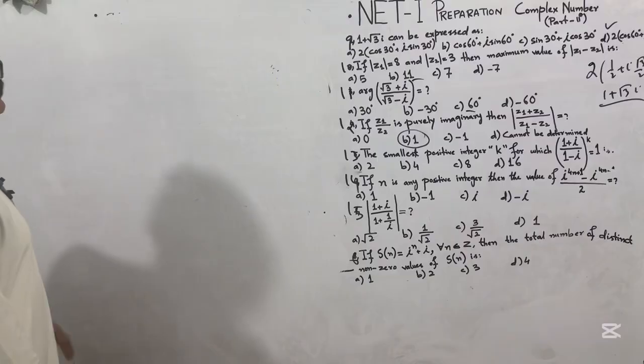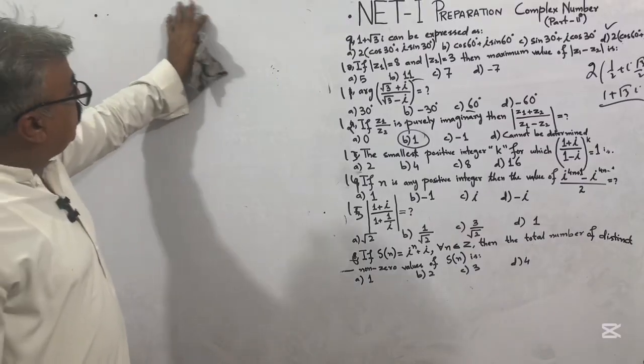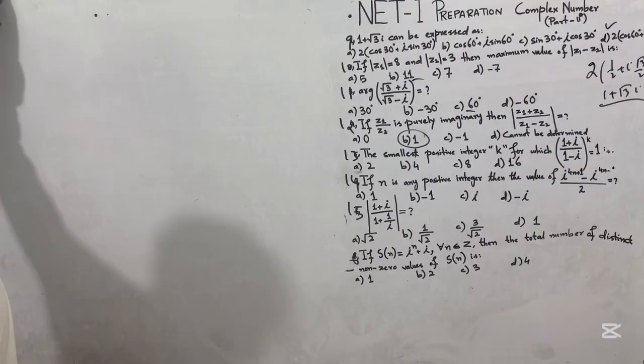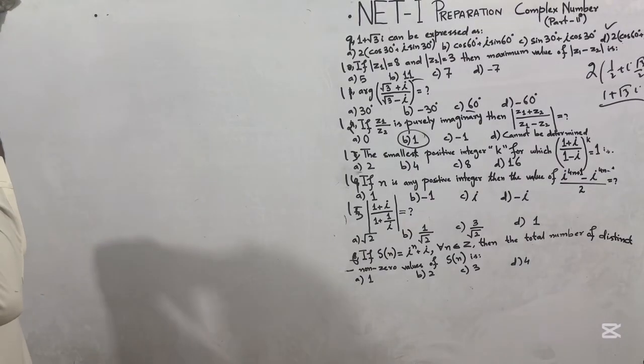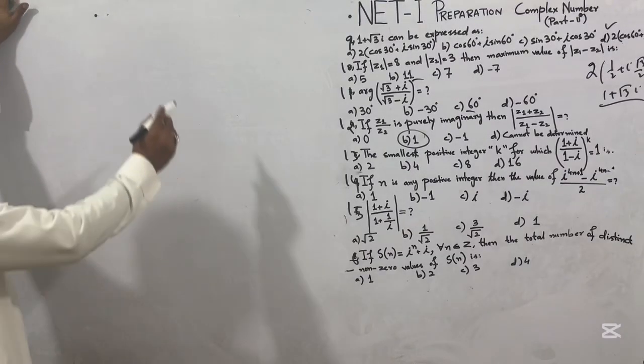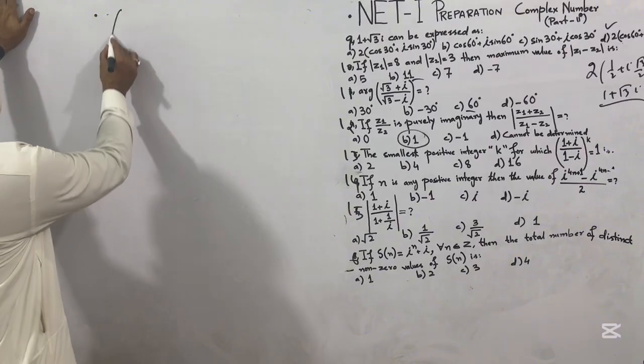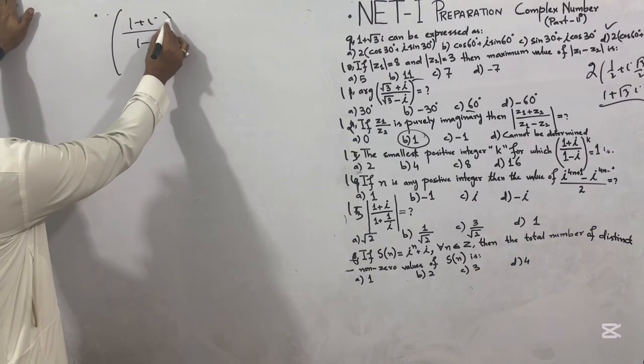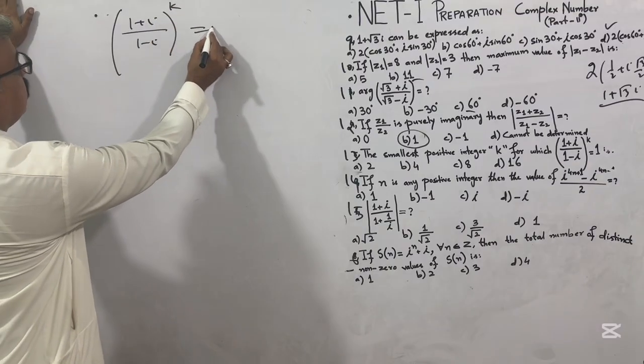Just take care of this. This is an important point to be noted while negotiating complex number problems. Find the smallest integer k for which it is equal to 1. Means (1 plus iota) over (1 minus iota) raised k is equal to 1.